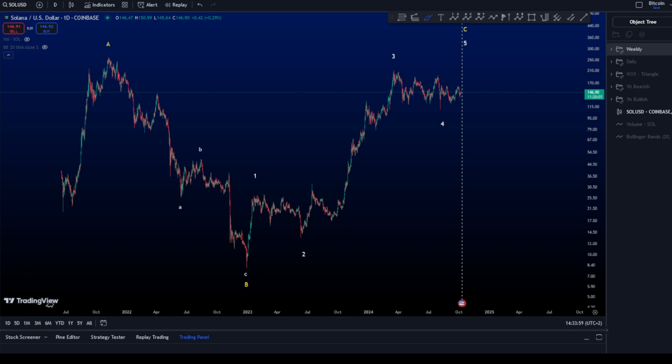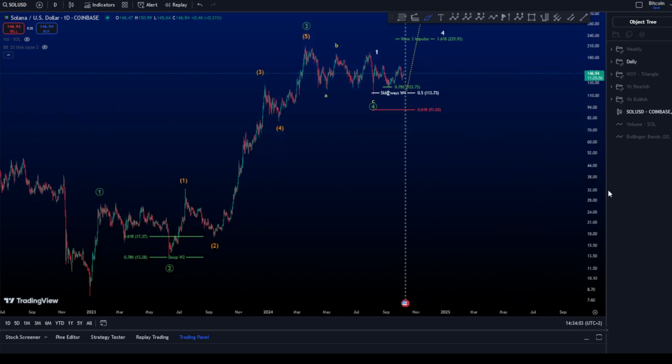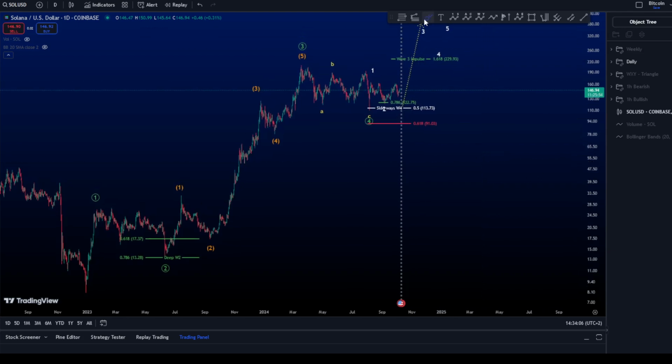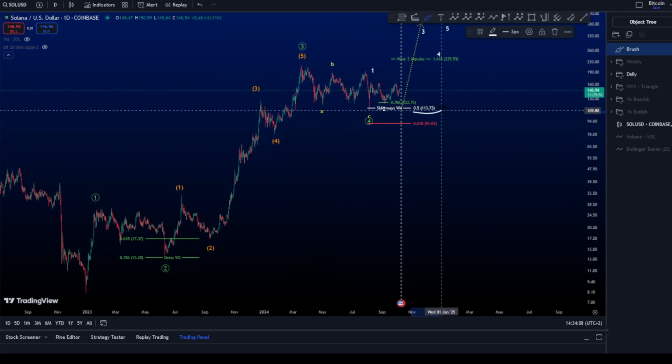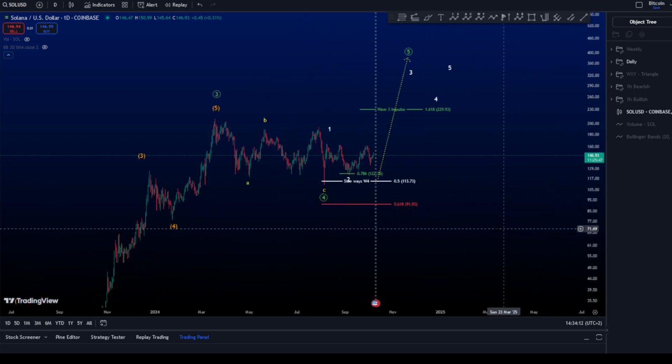So to look at this much more clearly, we're going to open our daily impulse analysis here, where we can see the finished wave 4 exactly on the 0.5 Fib level at $113 for Solana.